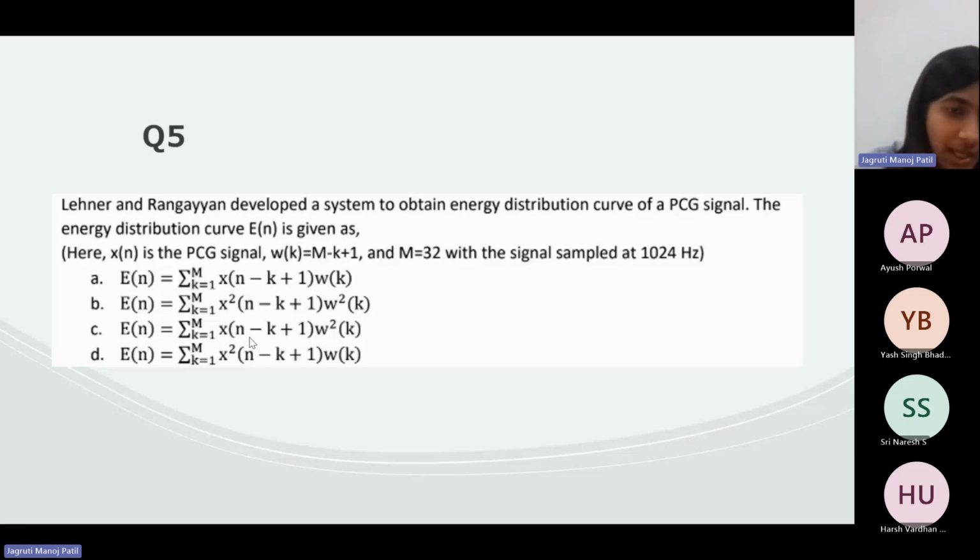So which option can it be? Is it the B option or is it the D option? Now you know that if it's energy, it has to be the square of the signal. So then, is it the B or D one? Is it the D one?